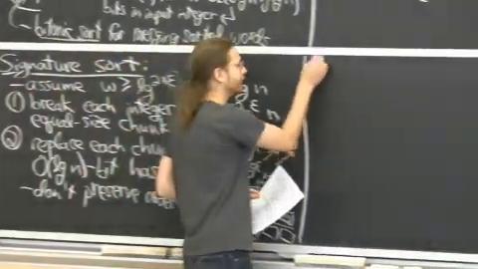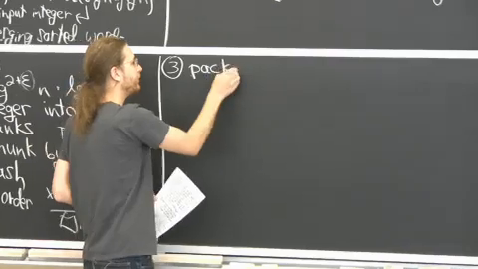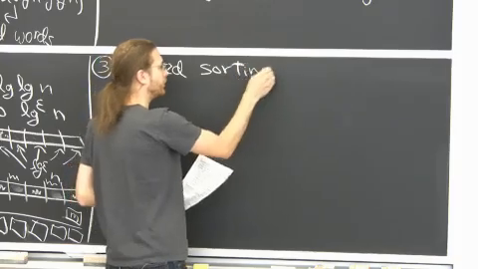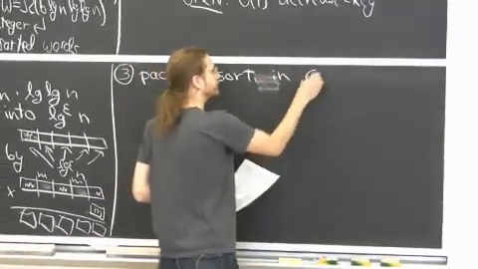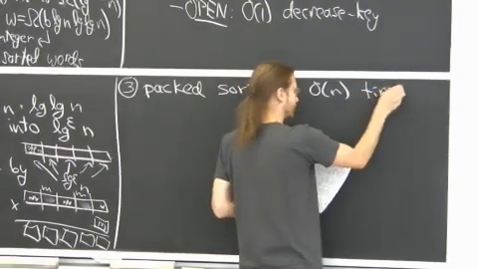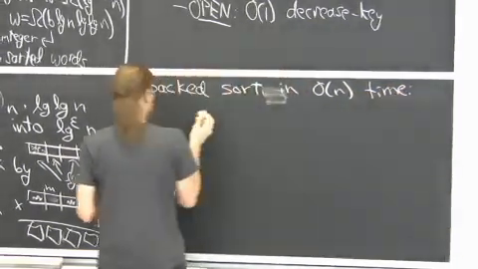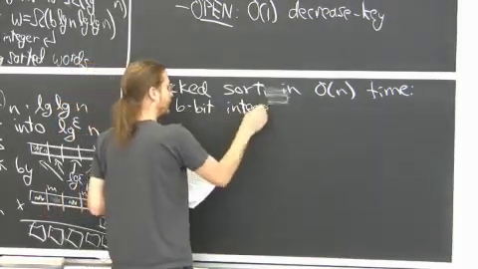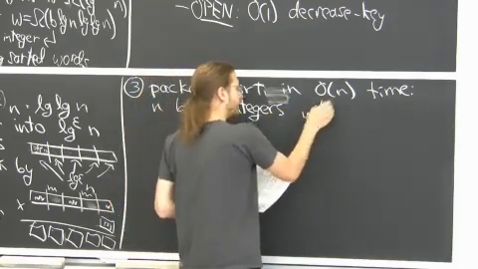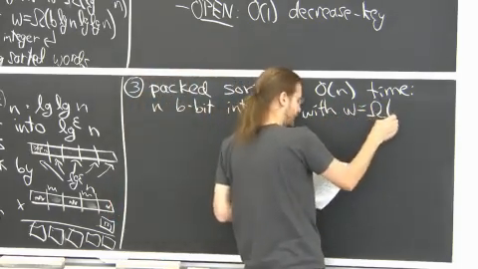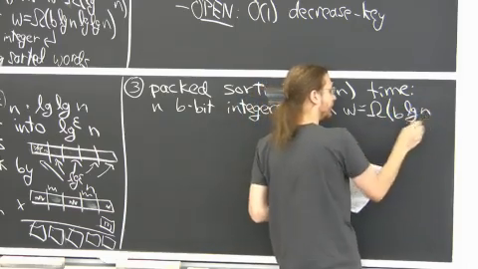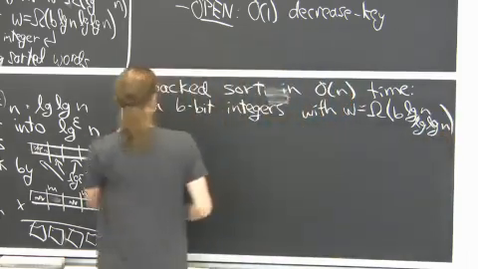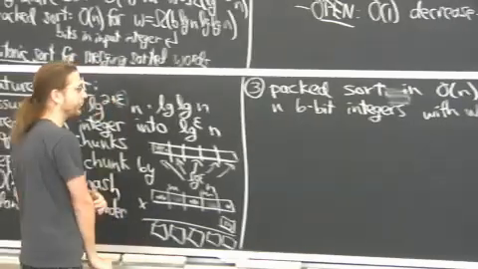All right, so what? Well, at this point, we can use pack sorting to sort what remains. In general, pack sorting can sort n b-bit integers, provided b is small, so w is at least b log n log n. That's the theorem of pack sorting. We're going to delay the coverage of this result till later.